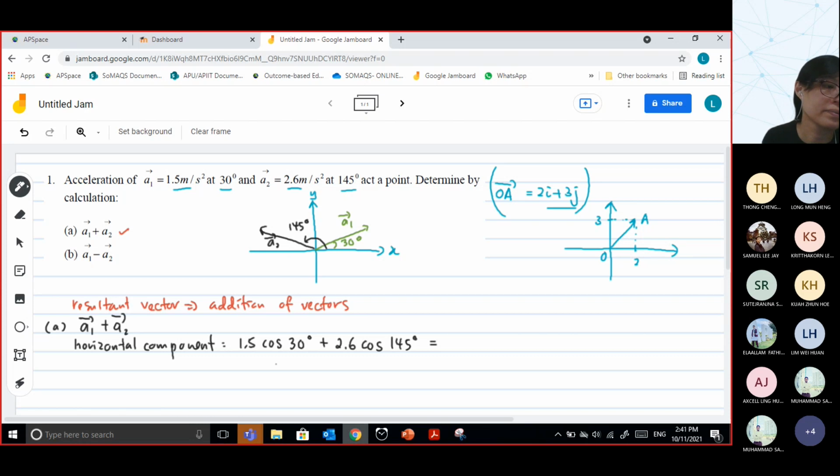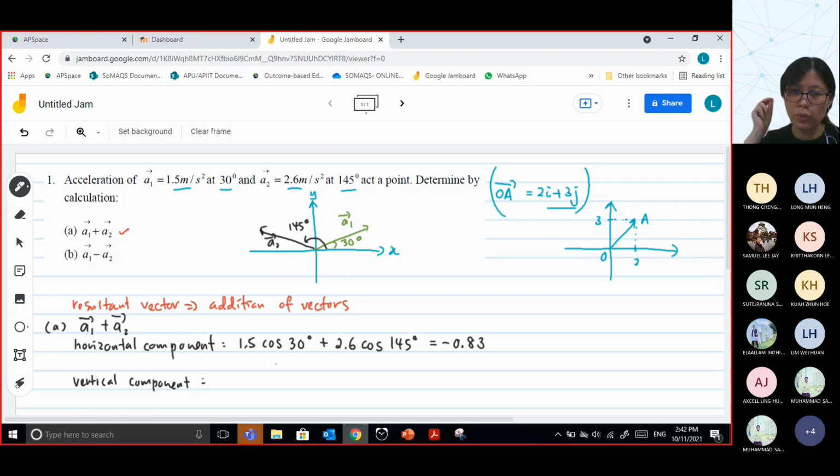Anyone? Negative 0.83. After the calculation, it gives you negative 0.83.